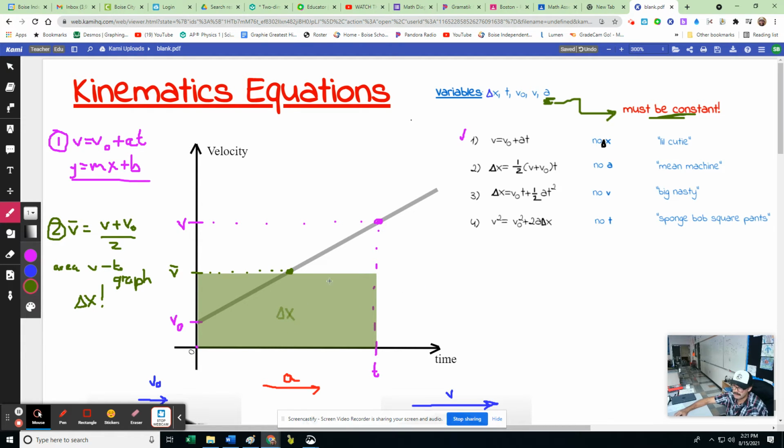And it's interesting that the displacement of this graph is actually going to be the same as the displacement for this graph. That little trapezoid in here.